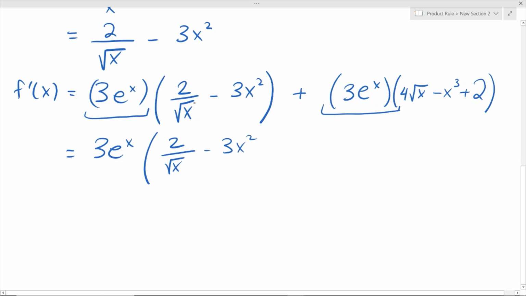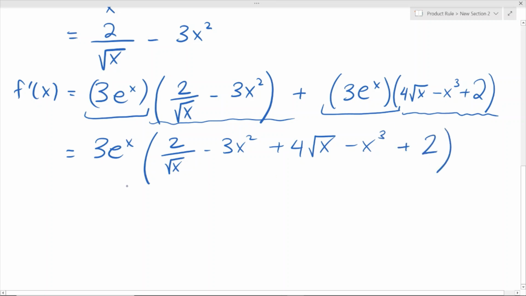I'm going to combine this here with this because I'm factoring 3 e to the exponent of x out, and I'm combining this part here and this part here. Okay, so I have this, and then plus, well, it's not going to change the sign, so I'm just going to copy it. 4 times square root x, that's shown here, and then minus x cubed plus 2.